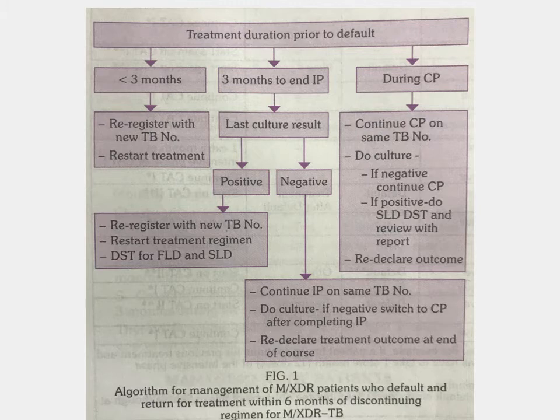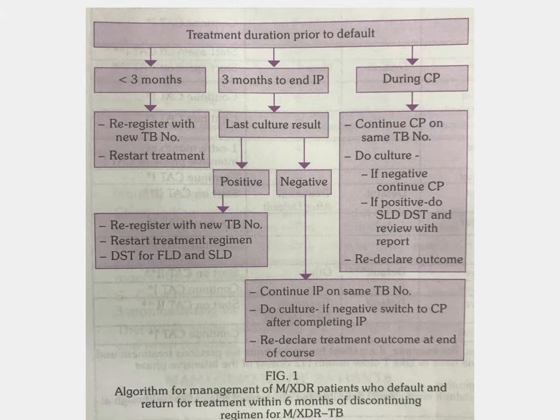Well, again, this slide is self-explanatory. Patients who default, interrupt treatment for 2 or more months, and return for treatment should be given an outcome of default and then re-registered for further treatment, which is based on the duration of default, as you can see in this figure as well as the next figure.